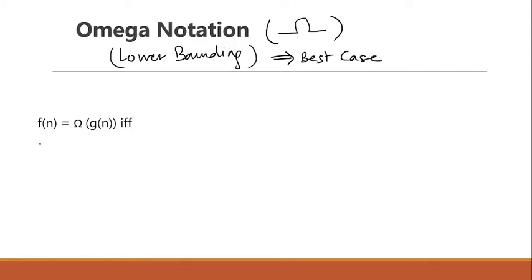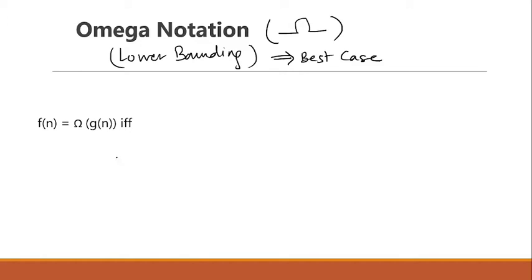So f of n, that is your function that you're trying to measure, is lower bounded by g of n if and only if... Now imagine f of n is lower bounded by g of n. That means that g of n with the given constant, if you remember from the big O, we had used a constant called c. So here that c dot g of n should be on the lower side because it is used for lower bounding.